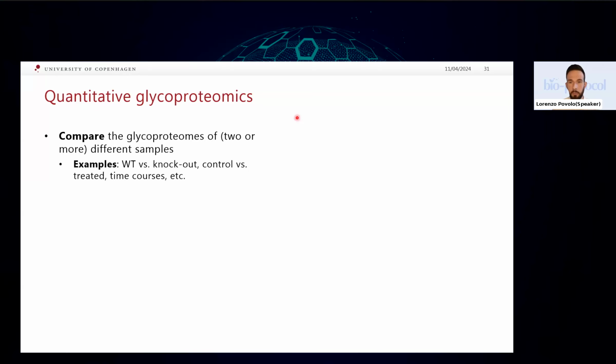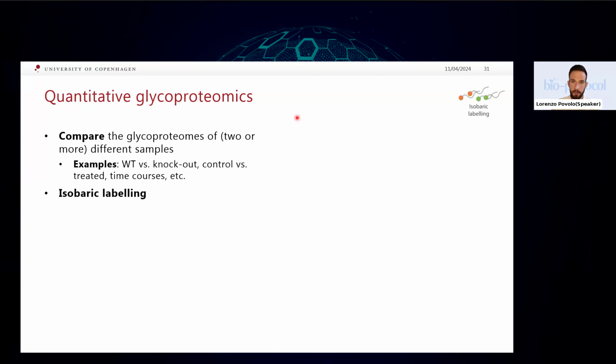So just to give you an example, you might like to compare the glycoproteome of a wild-type cell compared to a knockout cell, or control cell line against a treated cell line. Or you might have a time course that you would like to analyze in terms of glycoproteomes. For example, answering the question if there are differences in the glycoproteome across different treatments or in time.